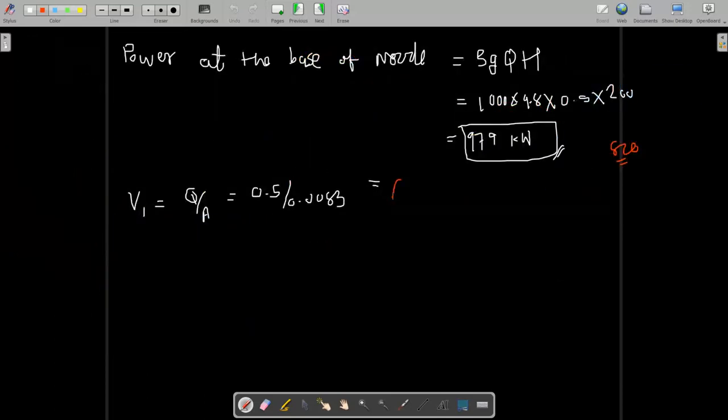So it is 60.25 meter per second. 60.25 meter per second, this is the exit velocity. Now what is the head in this velocity? In terms of head, we can write v1 square by 2g.